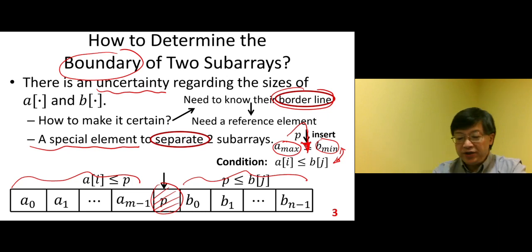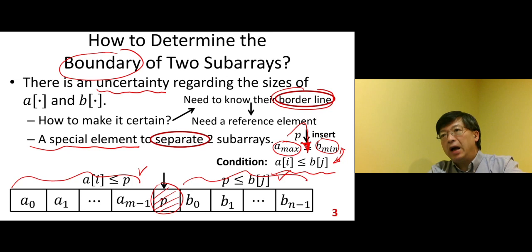We need these two conditions. If we combine these two conditions, then we get the condition we really want. We call this critical element the pivot element. It is the pivot.